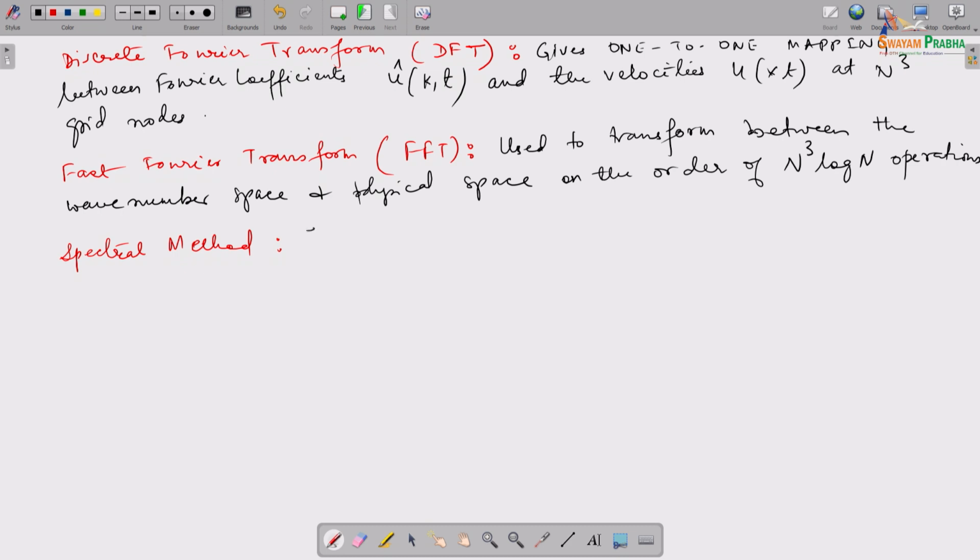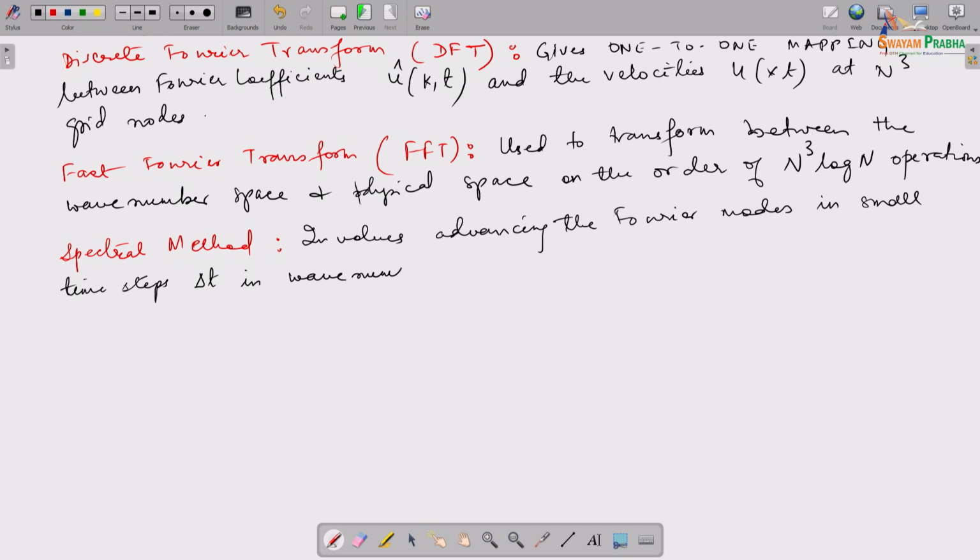That is the unsteady analysis, which results in N to the power 6 operations. This is a huge cost; it is expensive.